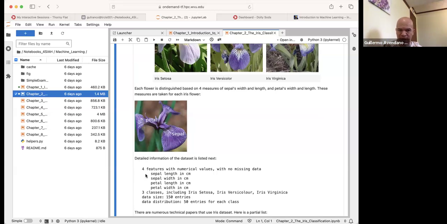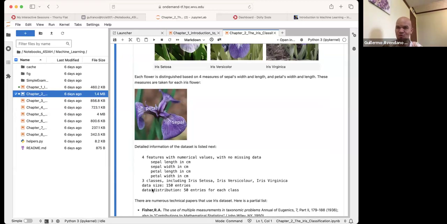So you see, in the framework of machine learning, what we have are 4 features: the lengths and widths of the sepal and petal, 4 columns. We have 3 classes because we are creating a model that is supervised.